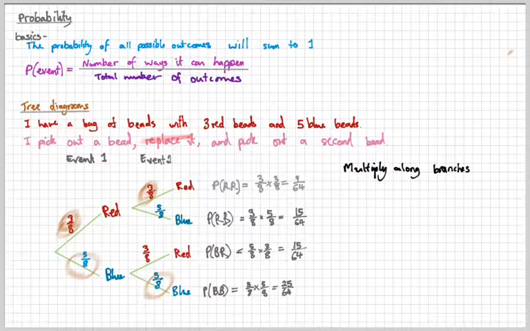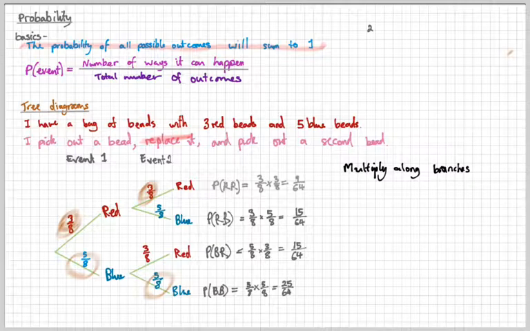Interesting to notice as well, the first statement under basics of probability: the probability of all outcomes will sum to 1. We have represented all the possible outcomes after 2 picks: the probability of getting red then red, red then blue, blue then red, and finally blue then blue. These are all the possible outcomes.